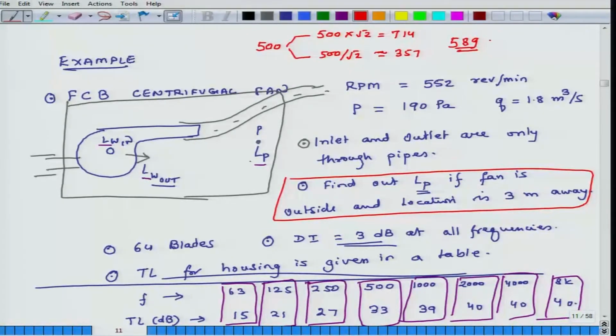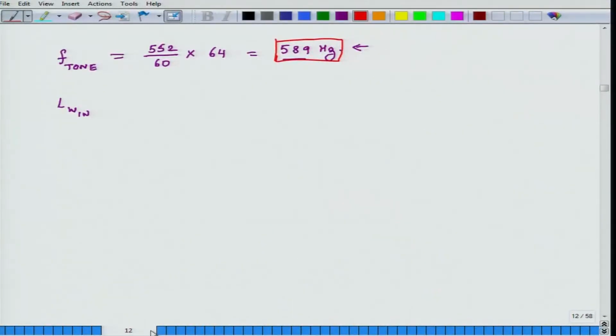Which means that this 589 hertz tone will lie in the 500 hertz band. It will not lie in any other band. So, we will first do the computation for the 500 hertz band, because it is a special band. For other bands also we will use the same approach, but we do it first for the 500 hertz band.